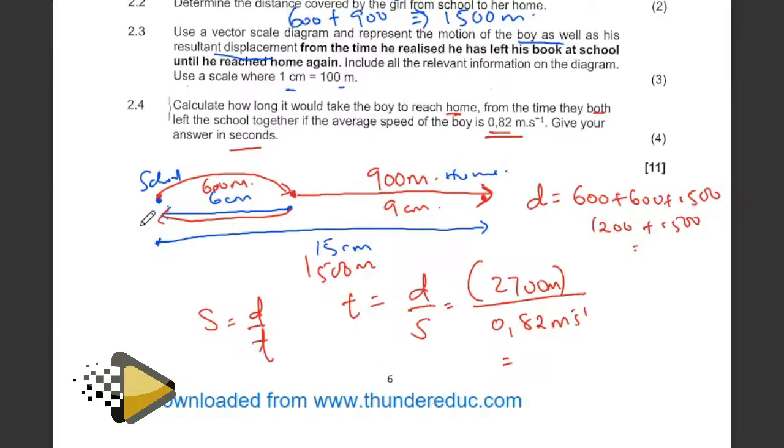So it's 2.7 divided by 0.82. I'm getting 3292.68 seconds. Okay, so that is what I'm having for 2.4.